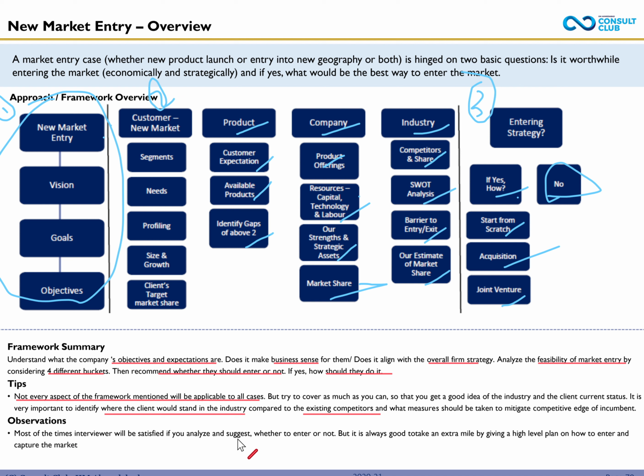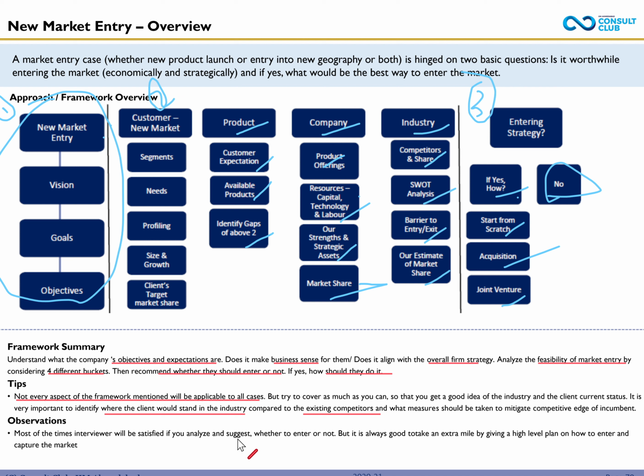Okay, so he will be satisfied, but if you can go that extra mile to give a very high level plan of how to enter the market and capture the market, that would really give you brownie points, because it shows the interviewer that you cannot just plan, you know how to execute in a very structured manner.